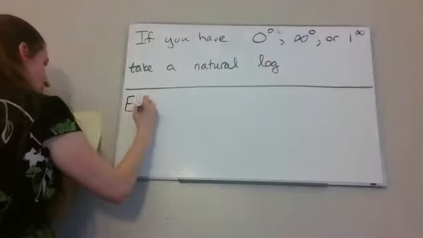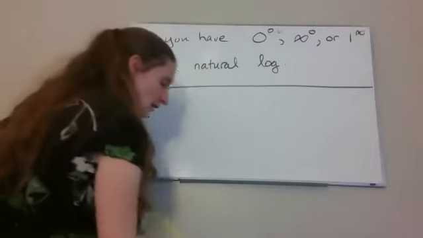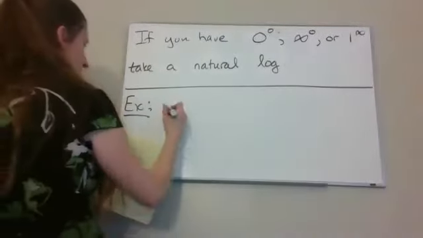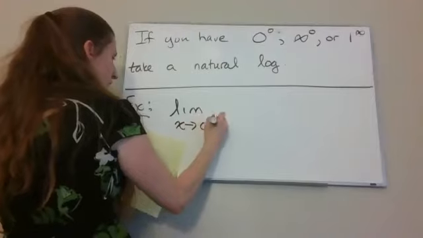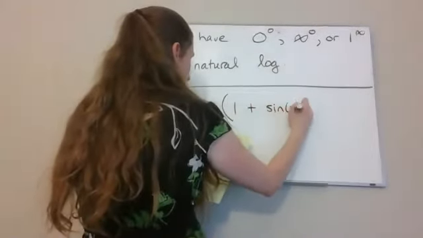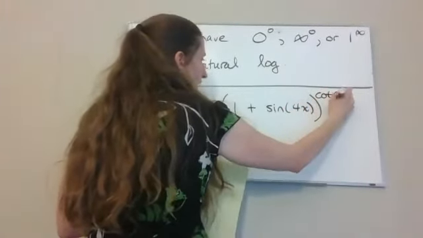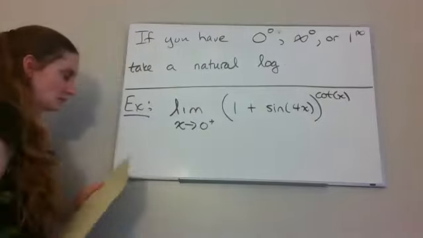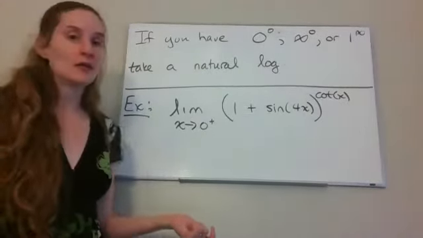An example of this. Let's look at the limit as x approaches 0 from the right of 1 plus sine of 4x to the cotangent of x power. So let's take a look at what happens if we plug in 0.